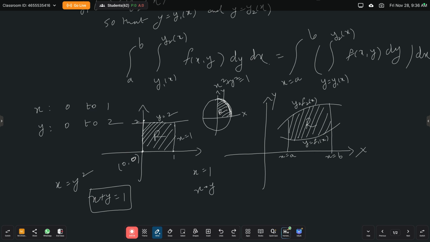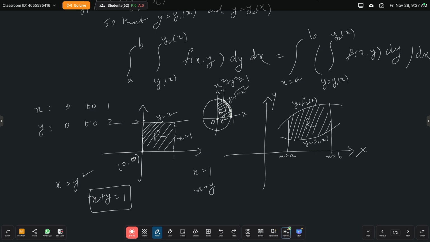So how can we take limits? One more thing, from the curve you need to take the limits: one limit must be a constant limit, another limit must be a variable limit from the equation. So if I fix x equal to 0 to 1 because the radius r is 1, what are the limits for y? On the x axis y is 0, to the curve y is equal to under root of 1 minus x square.